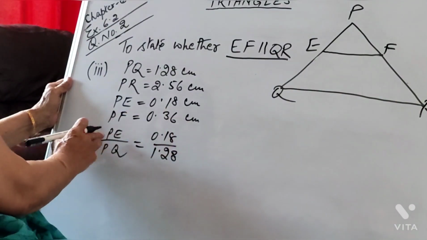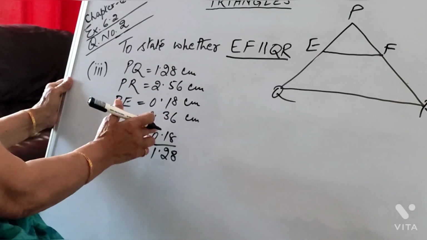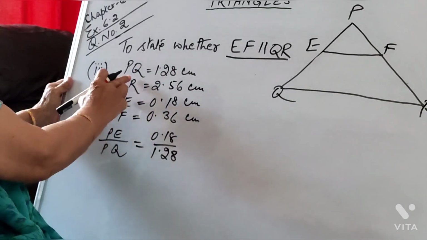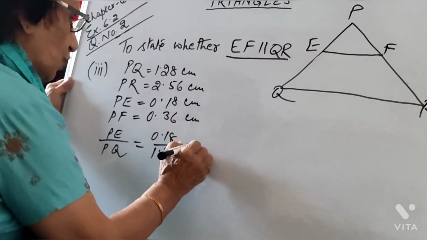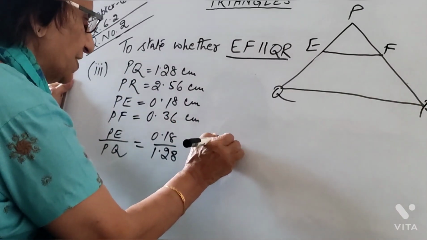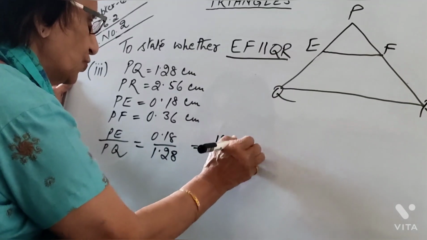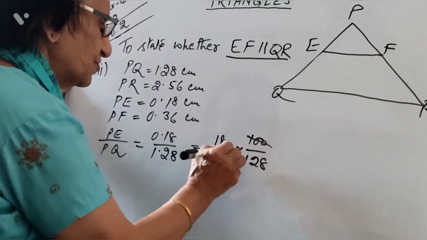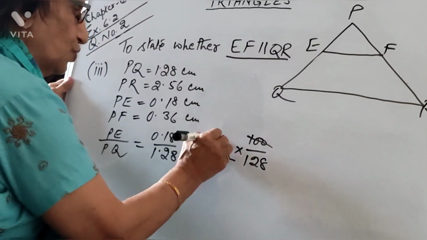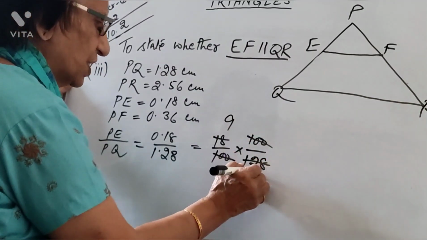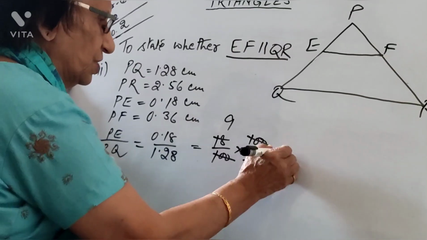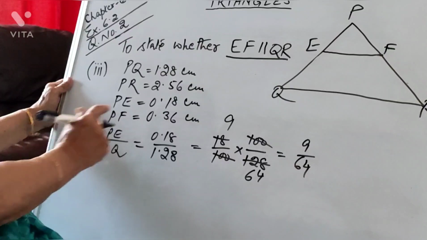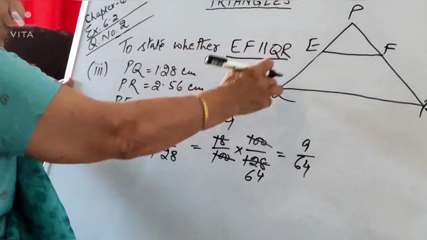Now what I have written down, PE over PQ, substituted the value, 0.18 is PE and PQ is 1.28. So on removing the decimal, it will be 18 over 100 into 100 over 128. So this is cancelled. 2 9s are 2 6, 2 4 is equal to 9 over 64. 9 over 64 is PE over PQ.